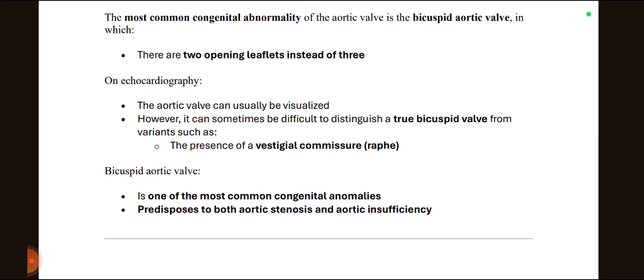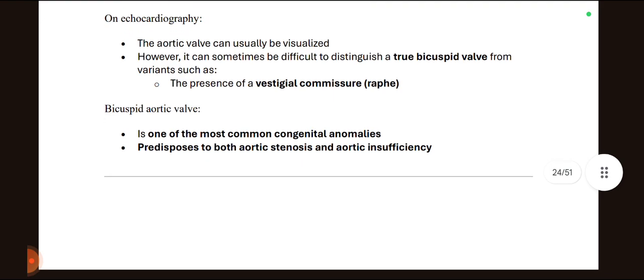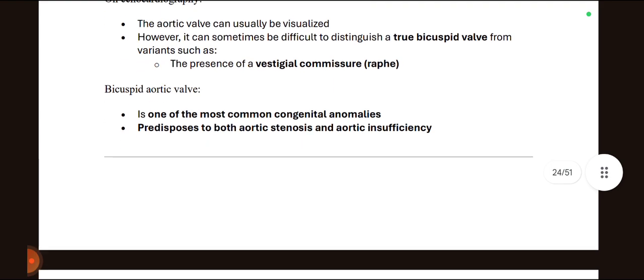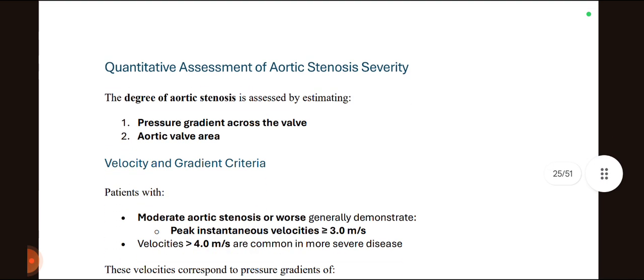However, it is sometimes difficult to distinguish a true bicuspid valve from variants such as the presence of a vestigial commissure or raphe. Now, the bicuspid aortic valve is one of the most common congenital anomalies, and this predisposes to both aortic stenosis and aortic insufficiency.